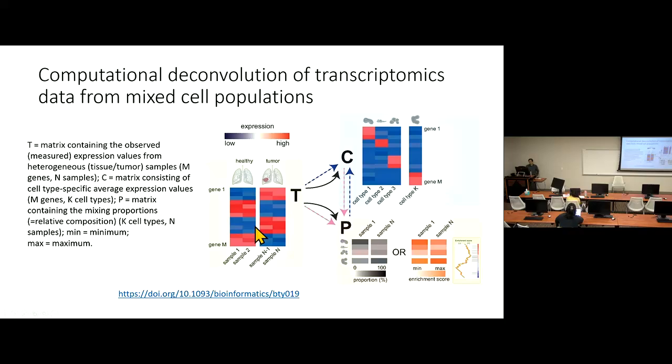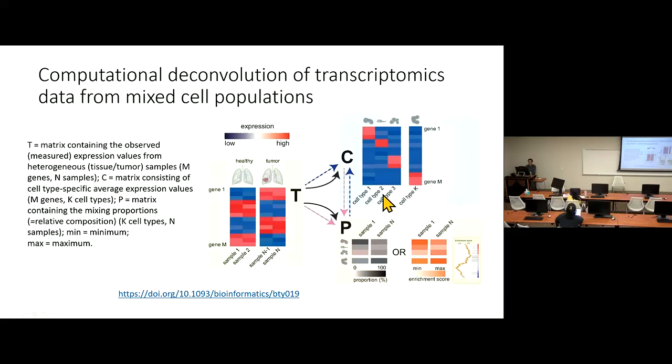This is another example. I think they study this tumor to find the cell type matrix, and then they consider each sample as a mix of different components, or different ratios of different cell types.